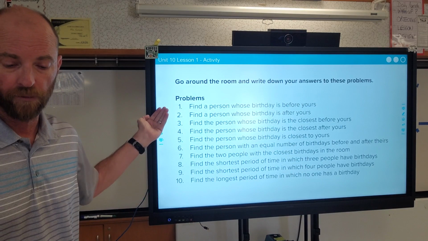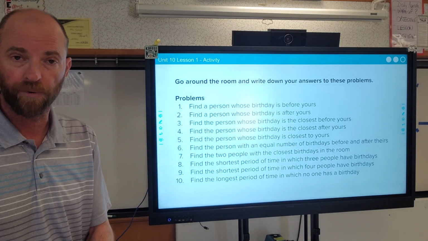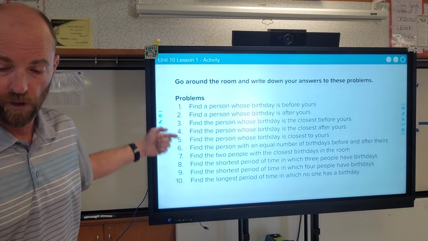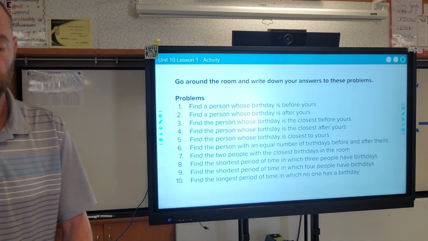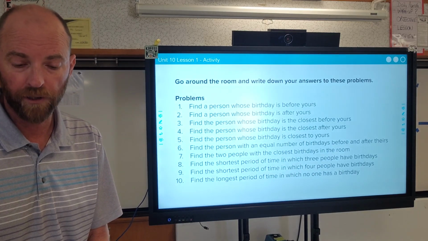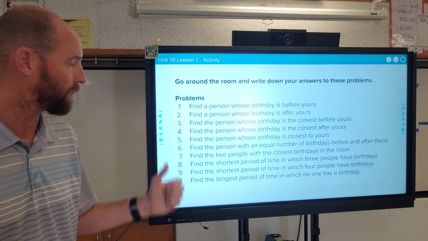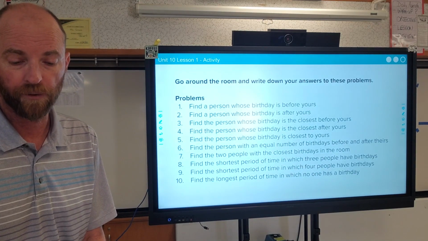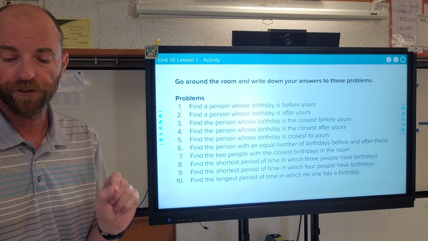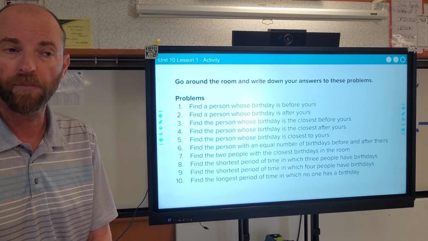However, if we look at problem 5, this is easy to solve as soon as you solve problems 3 and 4. Okay? Problems 6 through 10 require you to have written down everyone's birthday, likely in order. Okay? And problems 7 through 9 are the same problem, but for different numbers of people.